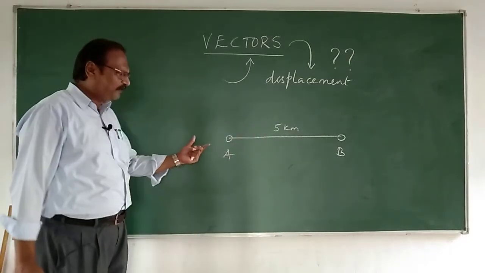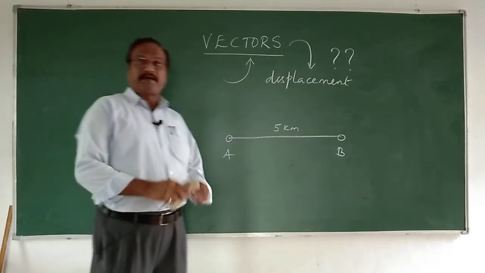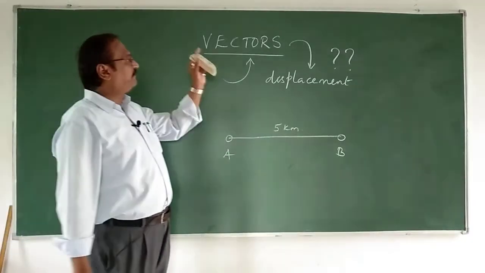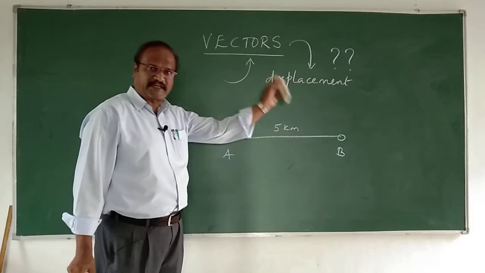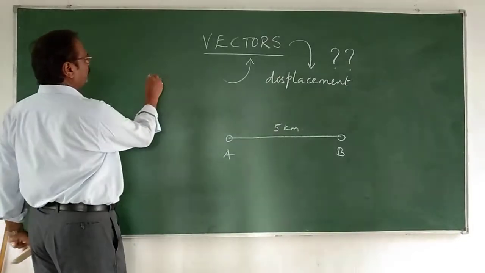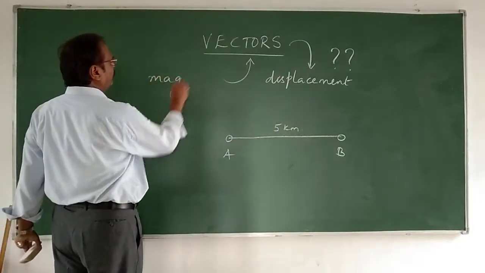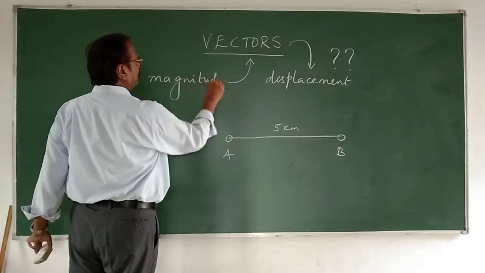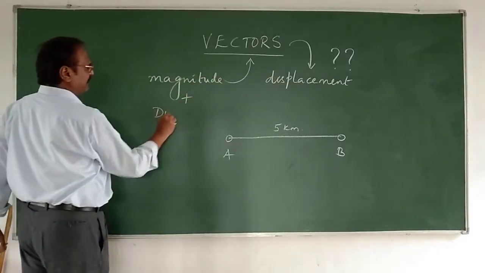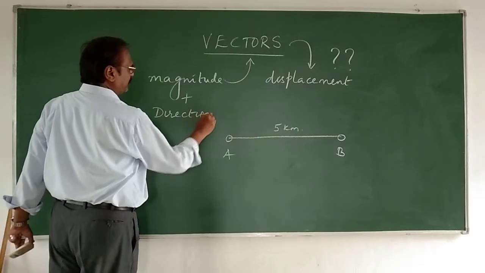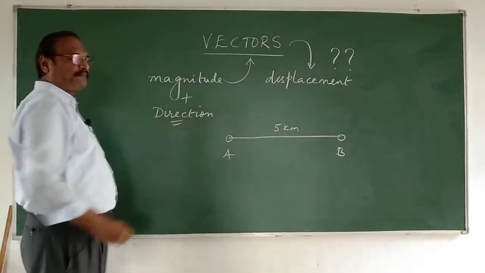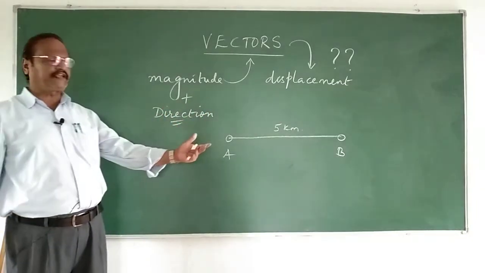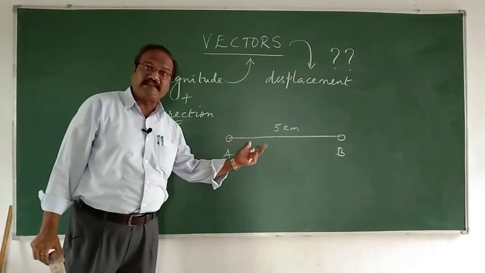He is moving from some point A to B. We don't know. But when you say displacement is a vector quantity, then you need two things. One is magnitude, plus what you need is direction. Direction is also very important. In which direction are you walking? Yes, that is very important.